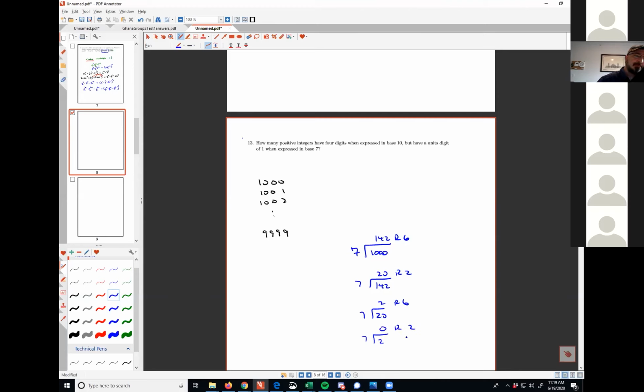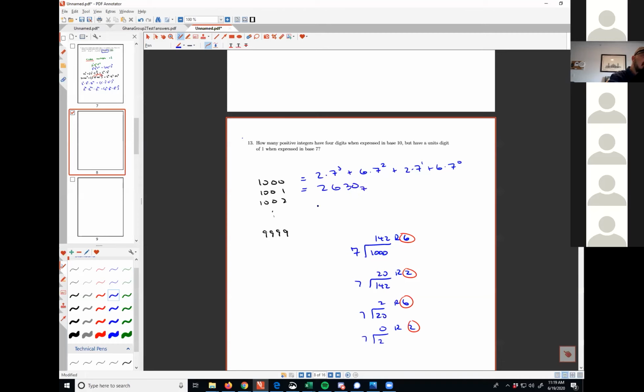So 1,000 is equal to 2 times 7 cubed plus 6 times 7 squared plus 2 times 7 plus 6 times 7 to the 0 power, or 2626 base 7.